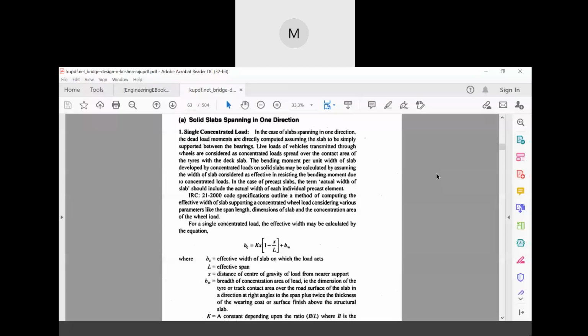Now, in case of precast, can you tell me what is precast slab? Do you know what is precast slab? Look, for precast slab, precast means what?